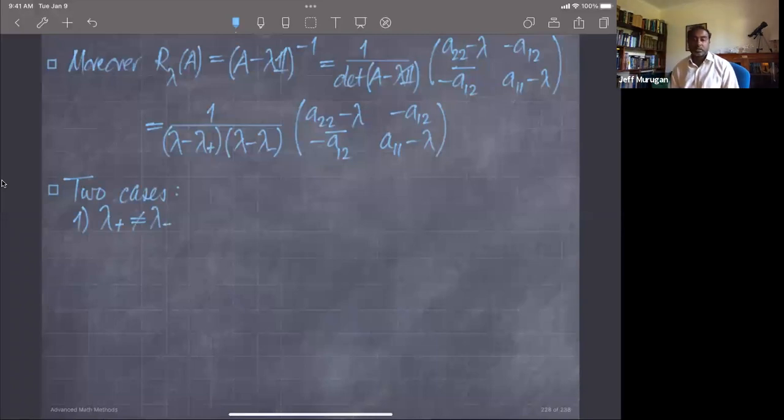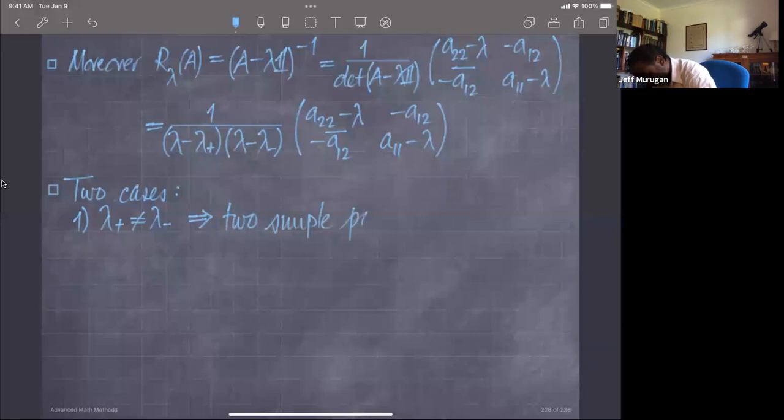In this case, clearly I only have two simple poles, and my statement holds trivially.